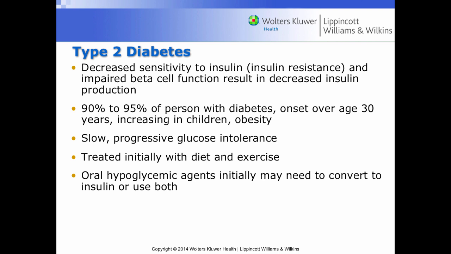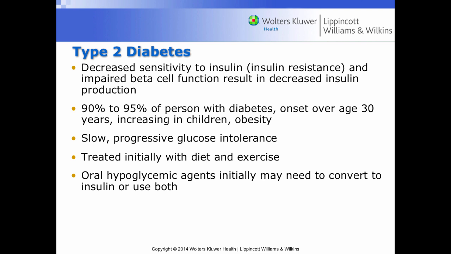Initially, it's treated, especially in the pre-diabetic phase, with diet and exercise. Type 2 diabetes is one of the only disorders where the pre-diabetic phase is completely curable with diet and exercise and lifestyle modification. So if caught early, you can completely reverse the process and avoid developing type 2 diabetes.